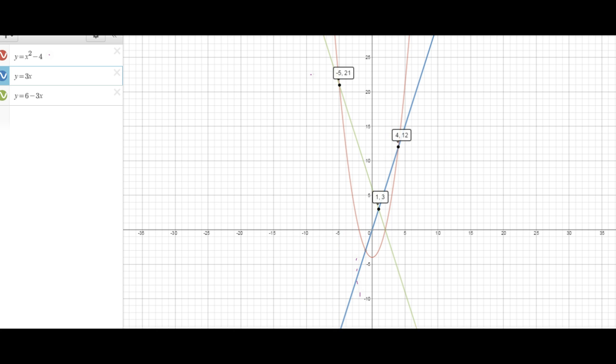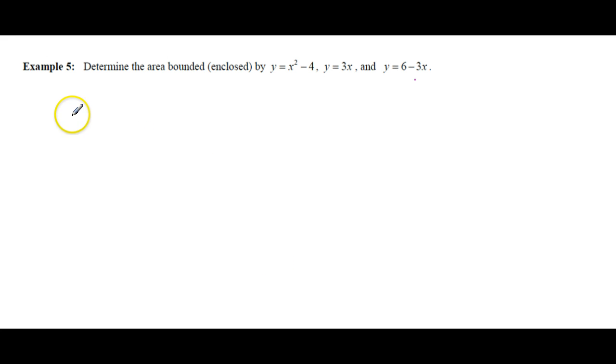So first step, just kind of redoing the whole thing, let's sketch this out. We have the quadratic, we have the line coming across here, we have the line going across here. And if you look at the previous page, or you were doing this before, you know that we have the values where x is -5 and where x is 1 and where x is 4.